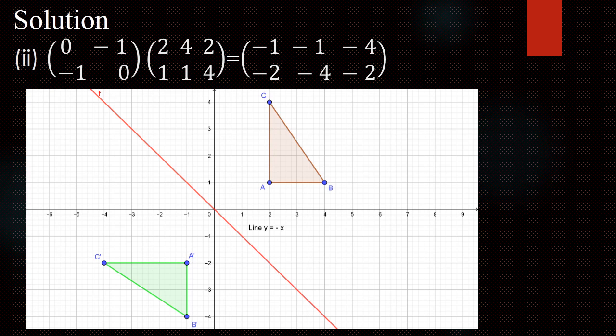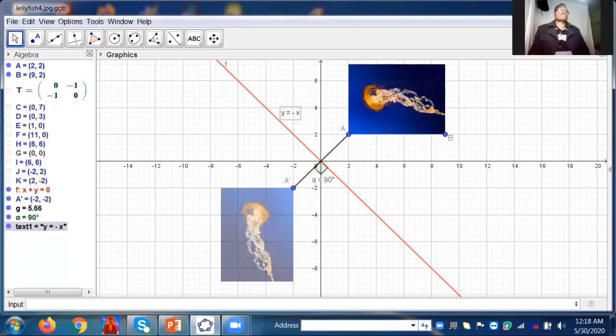And we can also see this on the figure below. You can also watch the matrix 0, negative 1, negative 1, 0 is a matrix of reflection on the line y is equals to negative x.